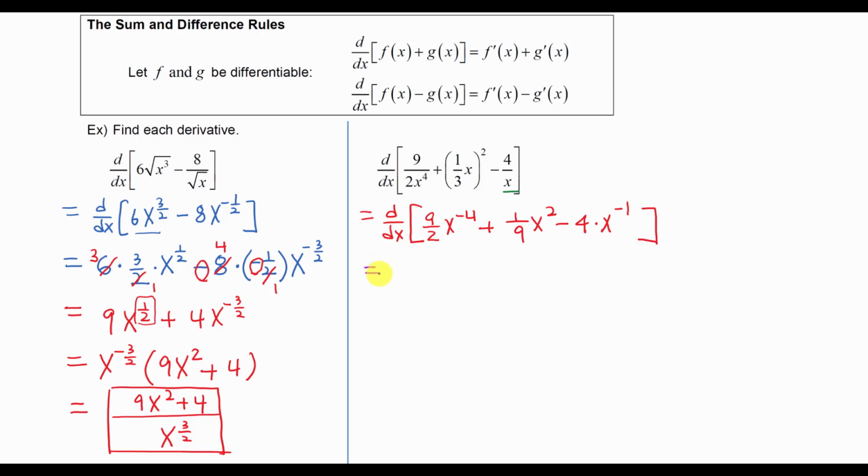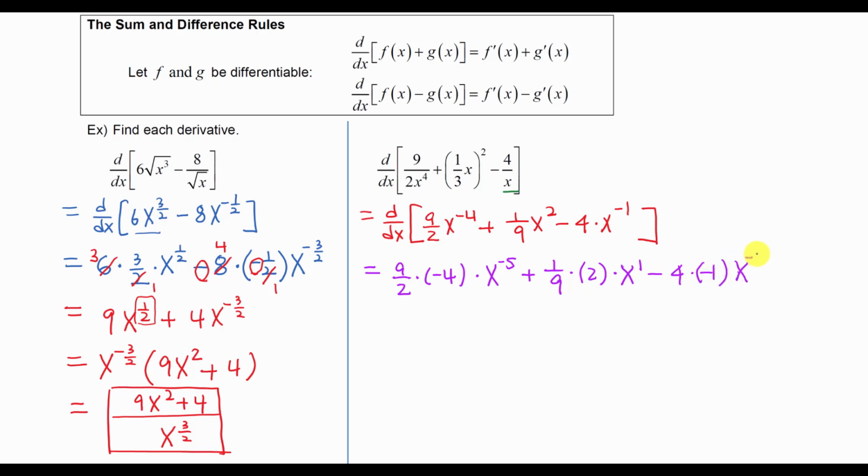So this is equal to, I have a constant multiple 9 over 2. I'm going to bring down the power and lose 1 power from it. I get negative 5th power now, plus constant multiple 1 over 9th. Power comes down. I lose 1 power, minus 4 times. Bring the power down. I lose 1 power.